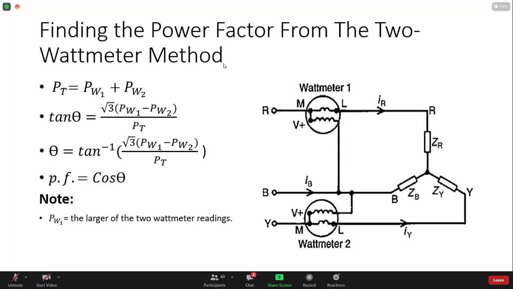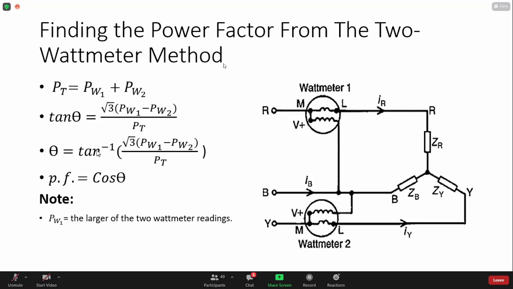You find the difference between the 2 wattmeters, and you use the larger reading as PW1. So whatever your findings were before, you use the larger reading as PW1, and then you take away PW2 from that, multiply that numerator by √3, and you get a value.